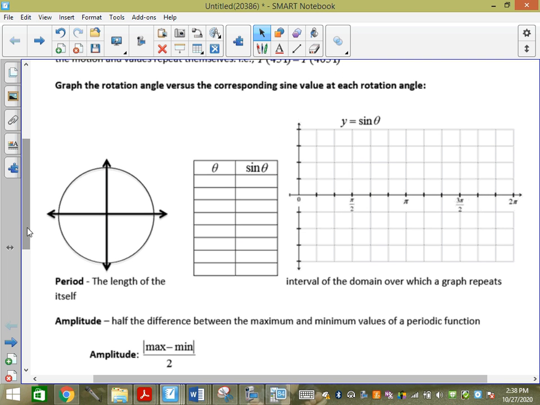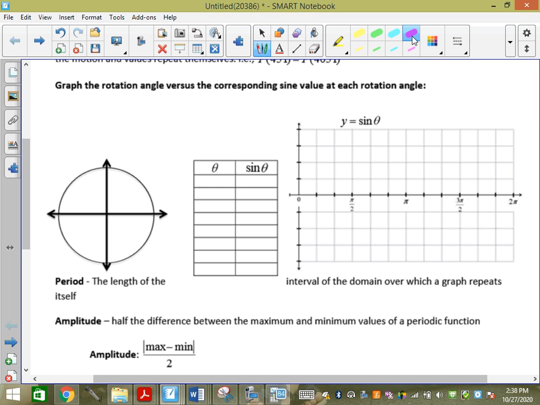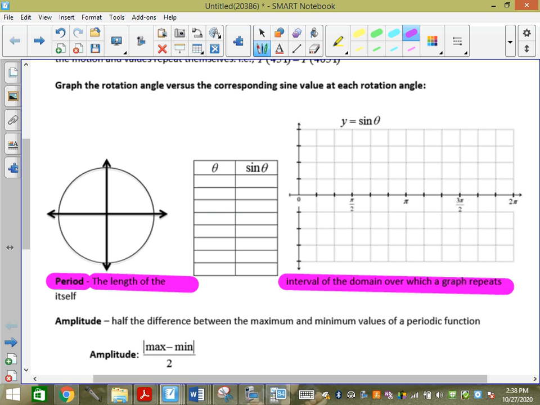What I need for us to highlight here are some of our important information items. The period is the length of the interval of the domain over which a graph repeats itself. That's the period of the graph. It's the horizontal amount that it repeats itself.